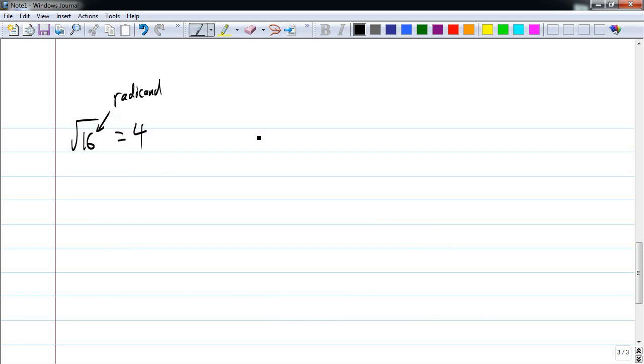Okay? How about what times itself is 25? That would be 5. Now, that's square roots. What about cube roots? What times itself times itself? So what number cubed equals 8? 8 happens to be 2 times 2 times 2. So the cube root of 8 would be 2.